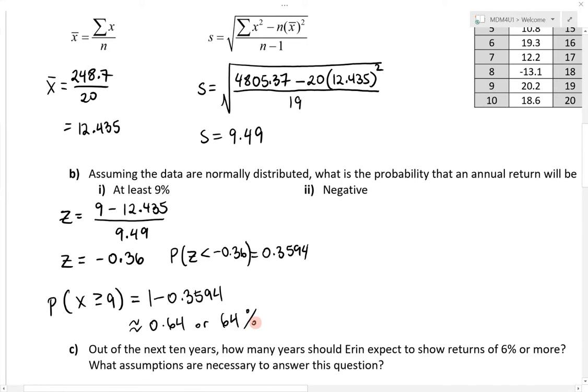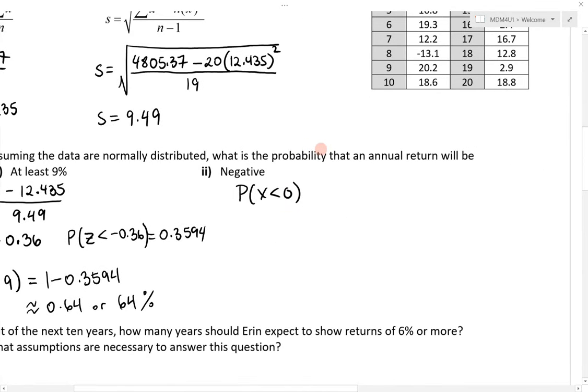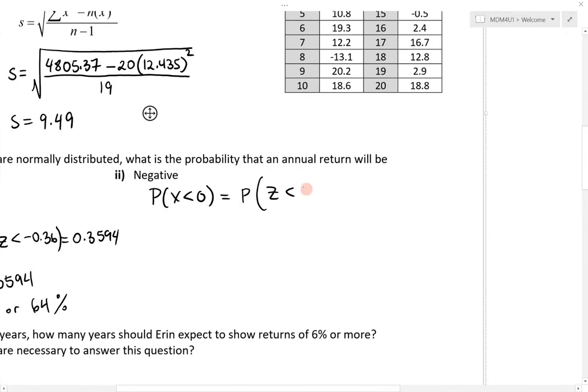Okay. Now, what's the probability that the annual return will be negative? So what's the probability that P of x less than 0? Well, that's going to be equal to, I can write also the z-score this way. So the probability of z for a standardized normal distribution, probability of z being less than 0 minus 12.435 divided by 9.49.